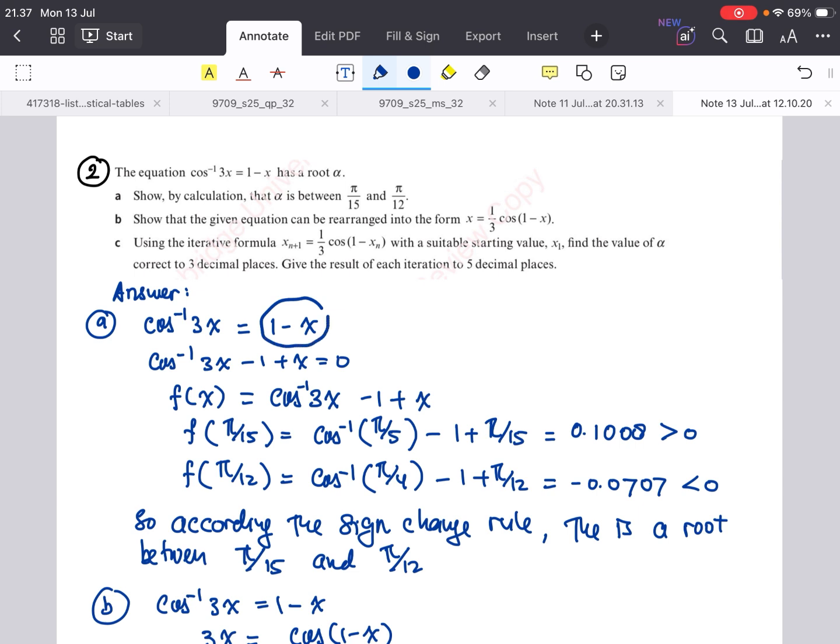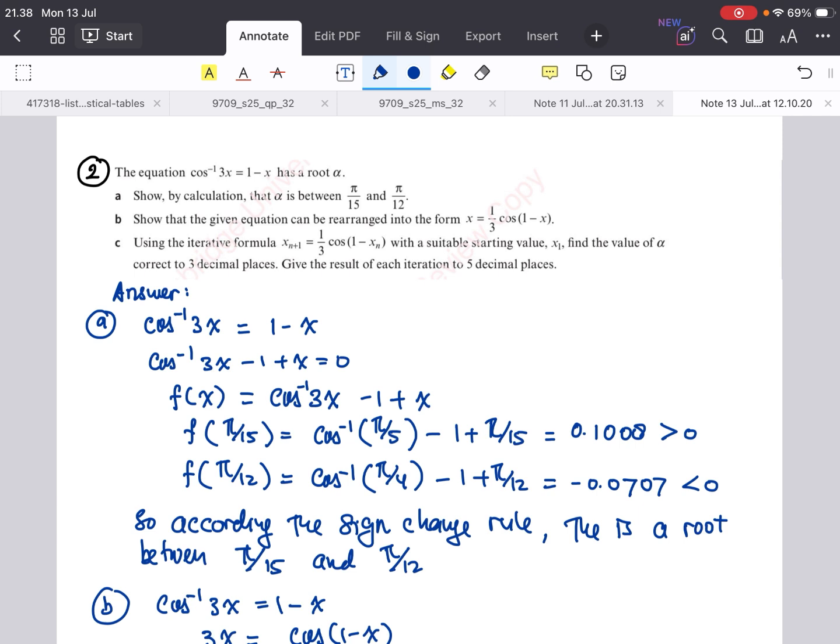So I'm going to move this one to the left. It will be cos⁻¹(3x) - 1 + x = 0. So here f(x) = cos⁻¹(3x) - 1 + x. So students, don't forget to make one side of the equation become 0 first before you apply the sign change rule.